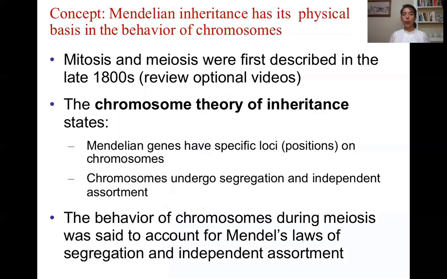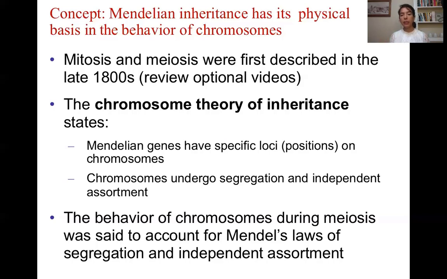We're going to go through Mendelian inheritance, and that is going to allow us to locate the physical basis of the behavior of chromosomes. Now, I'm going to make a stop here, because if you are not familiar with mitosis and meiosis, I recommend you stop the video and look at the optional videos associated with them.